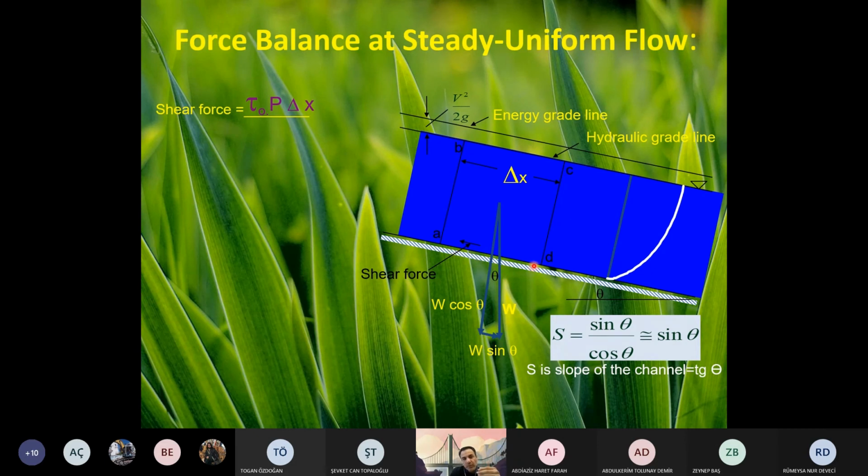So I need to know shear stress at where? Any idea? At anywhere that water is in contact with channel.